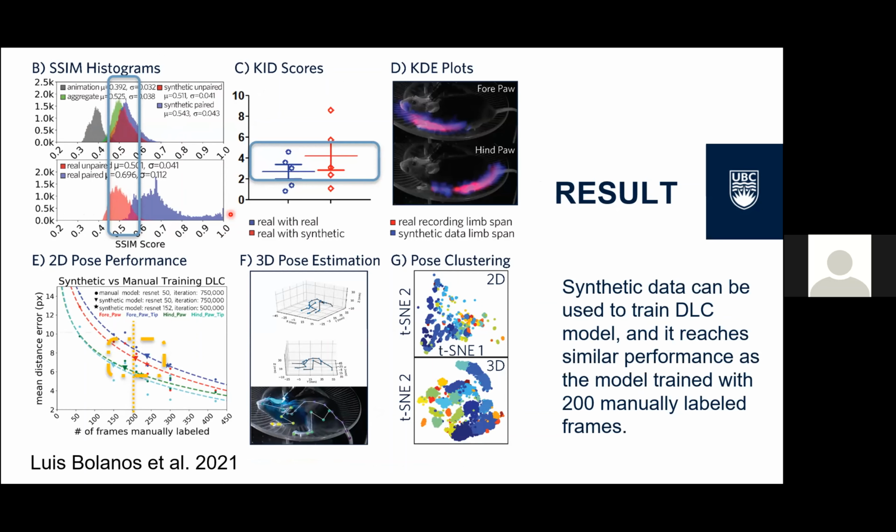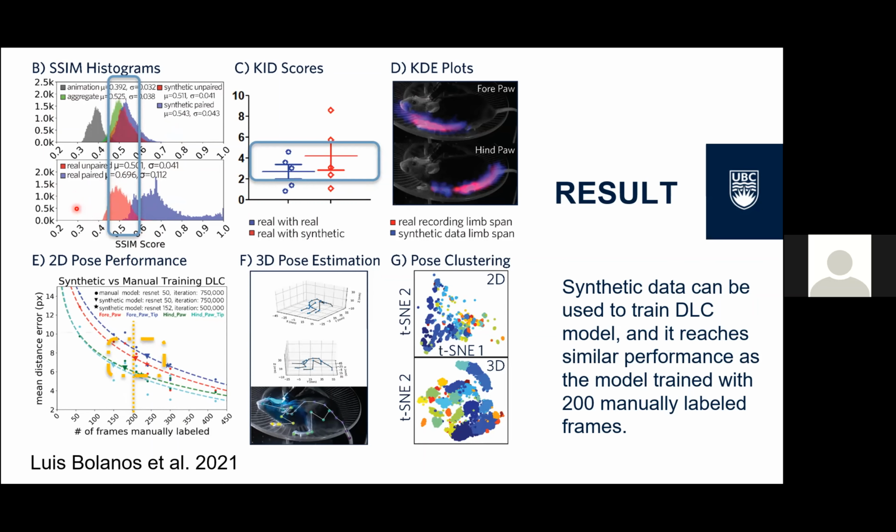If we look at the blue box in the left panel, the SSIM, which is the structural similarity index measure, histogram shows that the difference between the synthetic animated images after the image domain transfer and the real reference images is similar to the difference between two real reference images.